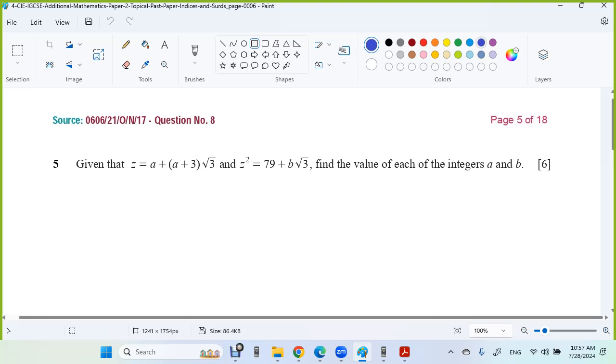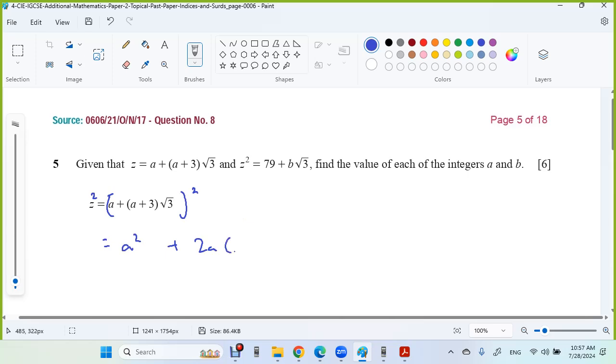Next, given that z is this and z squared is this, find the value of a and b. So we know that the z is this one. Then if we want to find the z square, then we will square this one. Then we have the a square plus 2a plus 3 square root 3 plus the a plus 3 square times 3.